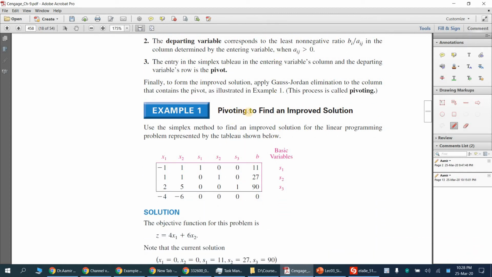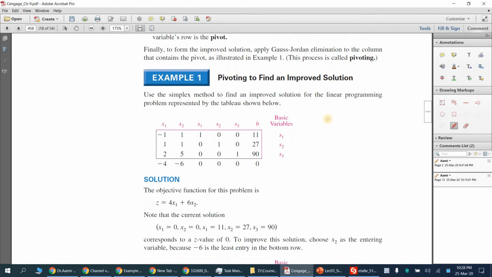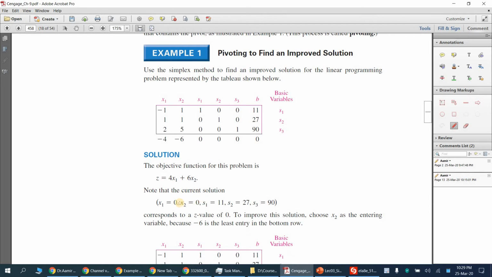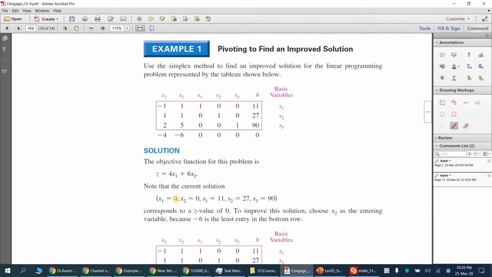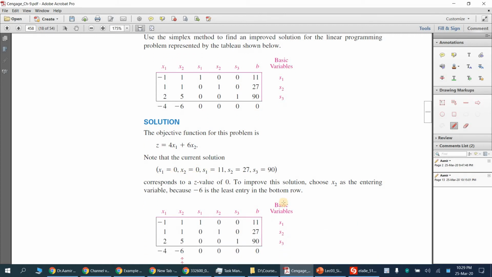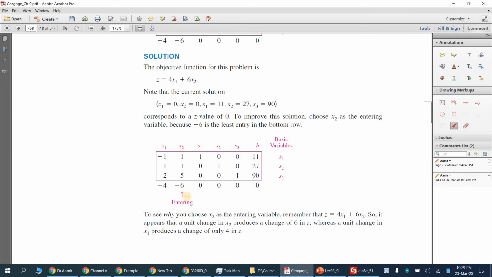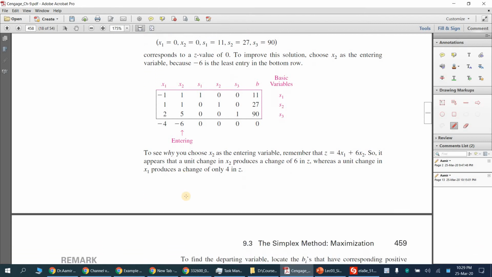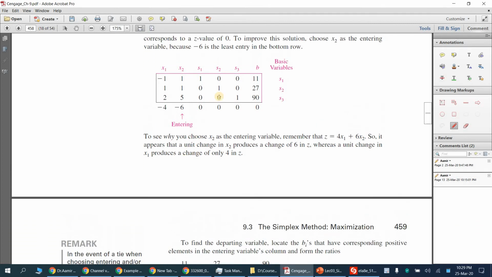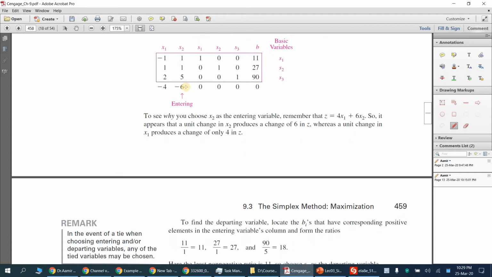So you pivot to find the improved solution. Here we start. This is our current solution: 0, 0, 11, 27, 90. From this solution, we find the -6. From this -6, I find the ratio of the b column and the x2 column.